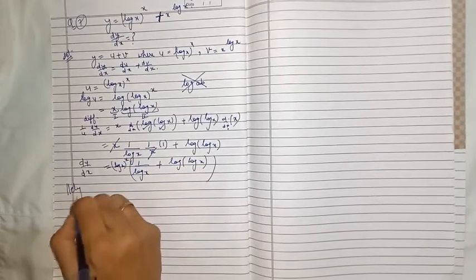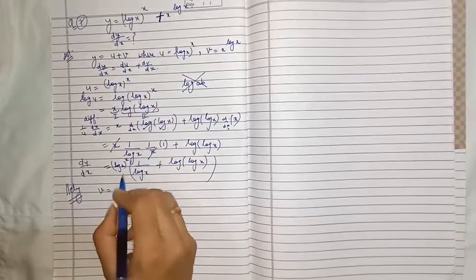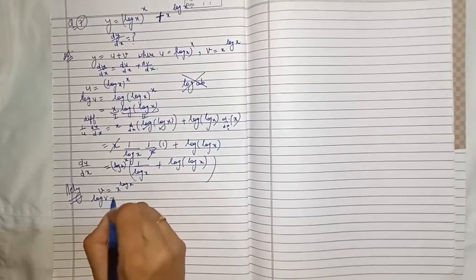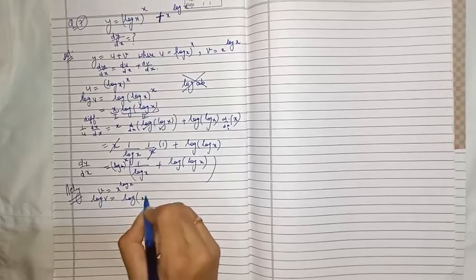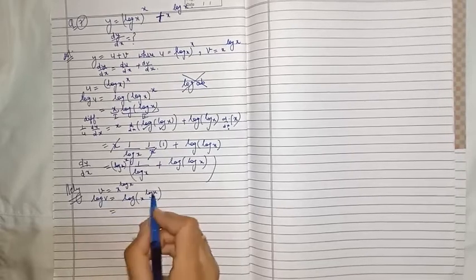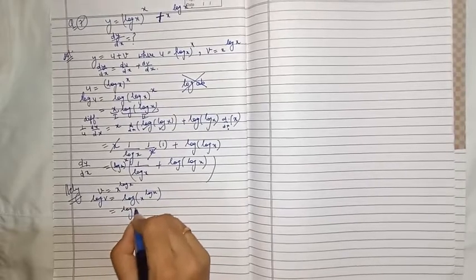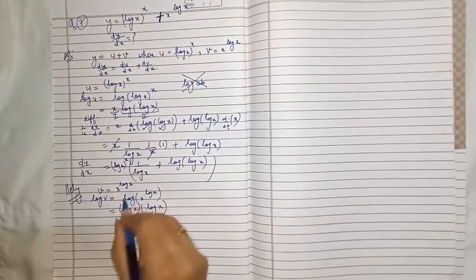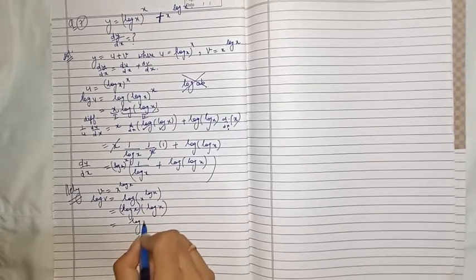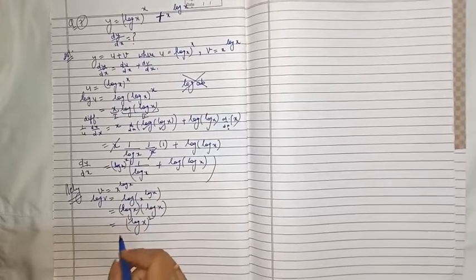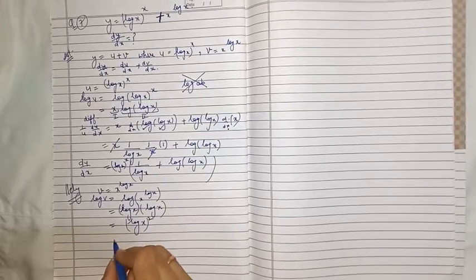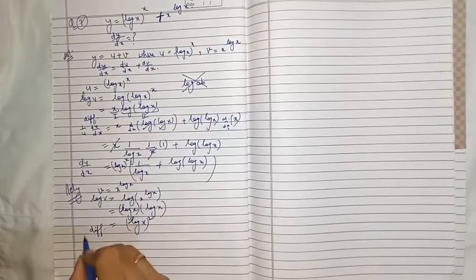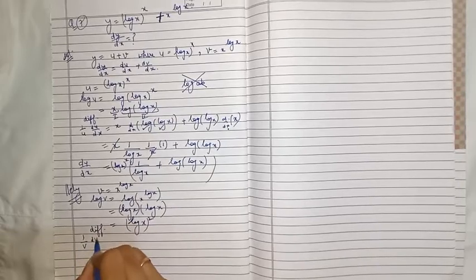Similarly, I can find the derivative for v, that is x^(log x). Taking log on both sides, log v equal to log of x^(log x). Now the power will come first, log x into log x, that is (log x) square. Now differentiating both sides, the derivative of log v is 1 over v dv by dx.